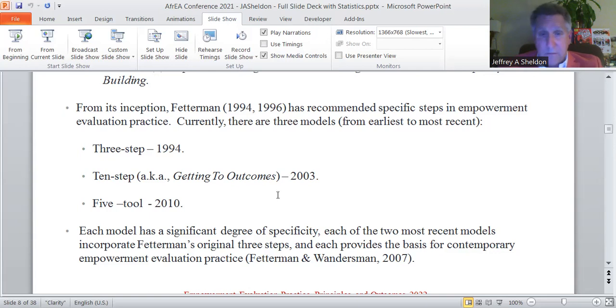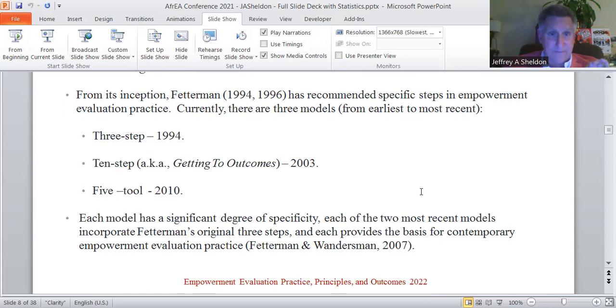So you can choose amongst these three different models, or you can use steps from one and steps from the other and steps from the third if you so desire. But the idea is that these are basically the three models of empowerment evaluation.